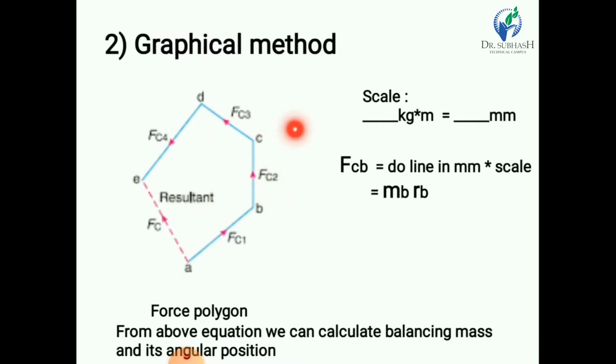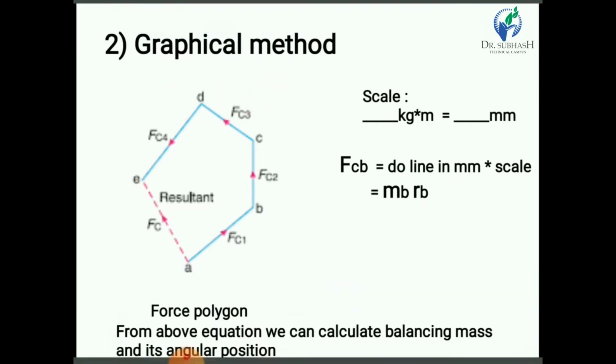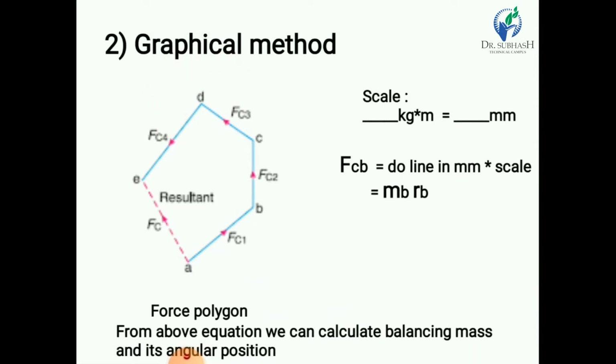Similarly, draw the CD line which makes an angle theta 3 with the horizontal, and draw the DE line which makes an angle theta 4 with the horizontal, and the closing side, finally measure EO.